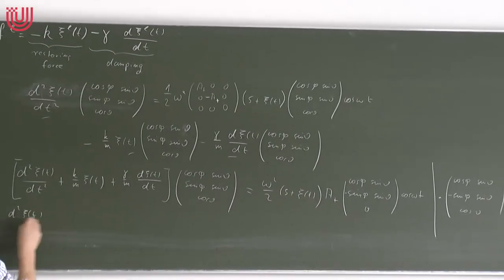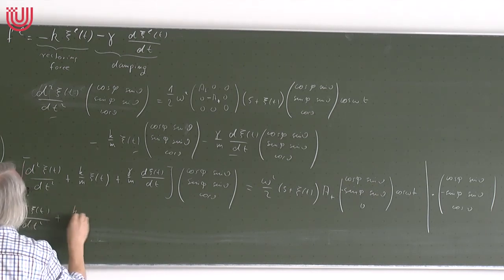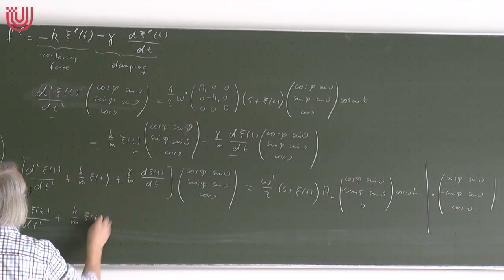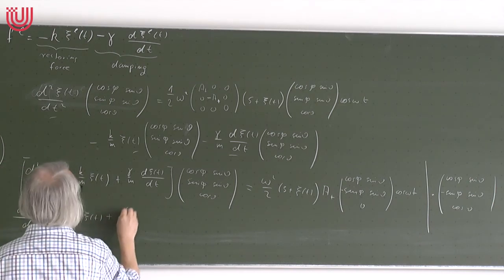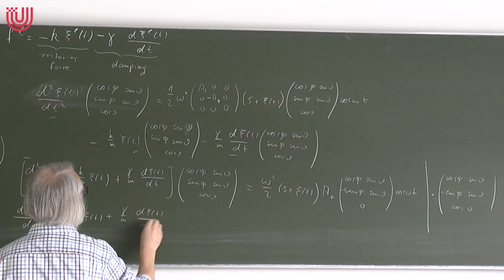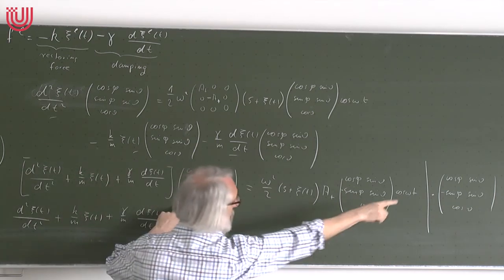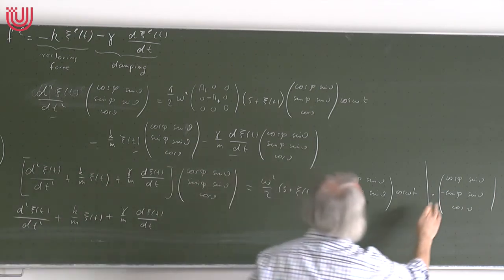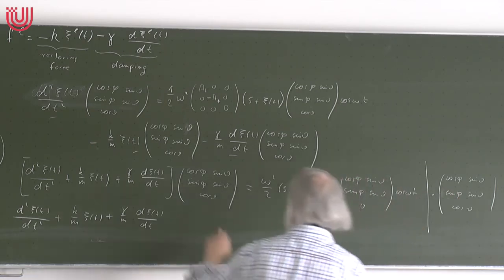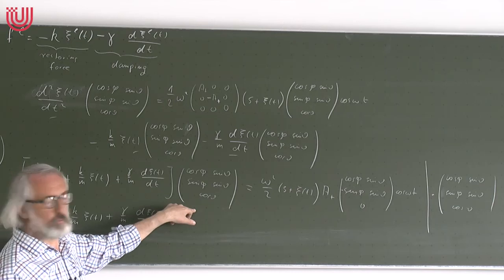So I have the second derivative with respect to t of psi plus k over m psi of t plus gamma over m d psi by dt plus 1. This times this vector, with a plus sign, sorry. So this is a unit vector. I multiply it with itself, so I get a 1.